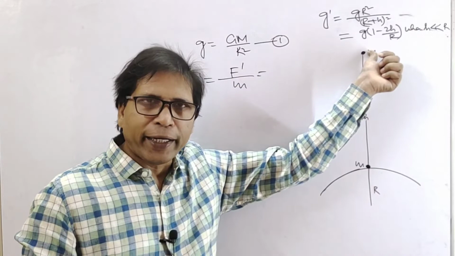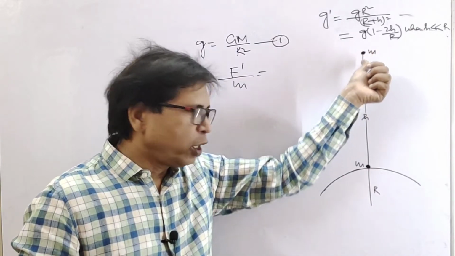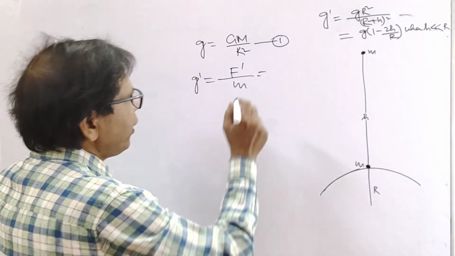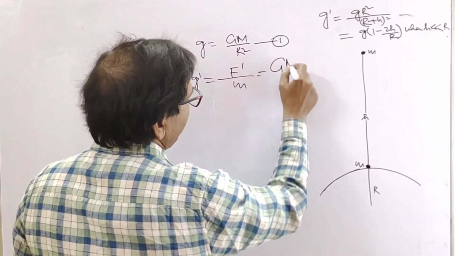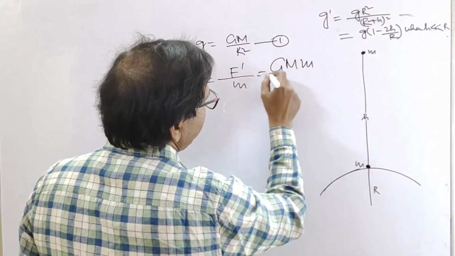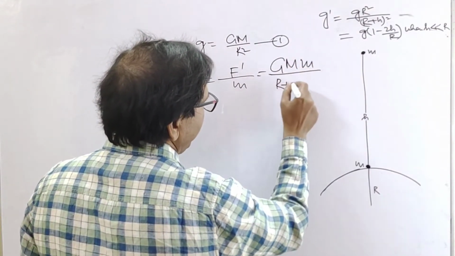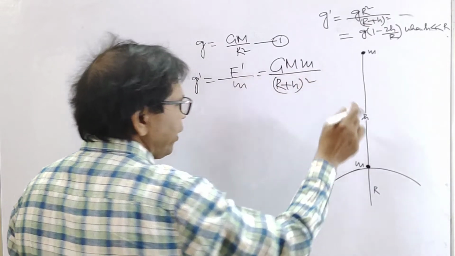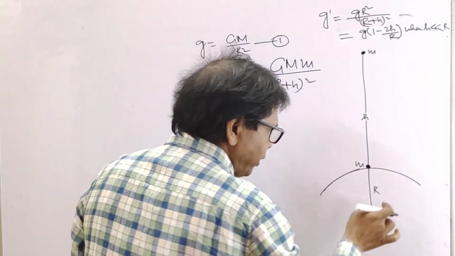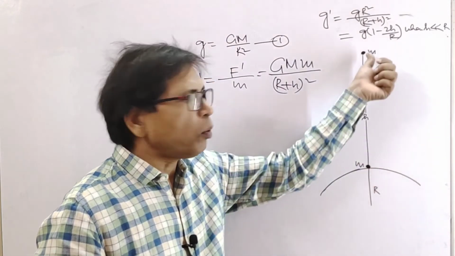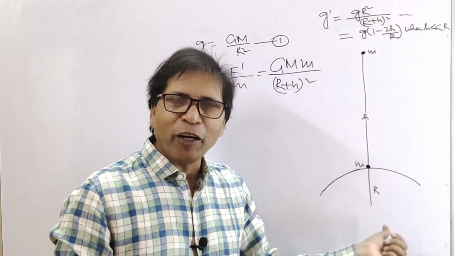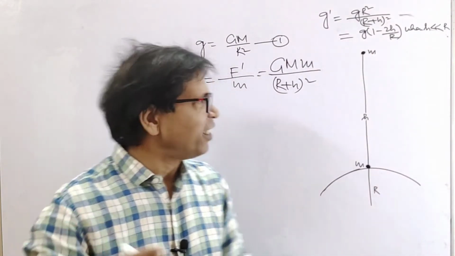What is the force of attraction on m due to the earth? This is capital G, capital M, small m divided by (R plus h) whole squared. Here h is the altitude and R is the radius.